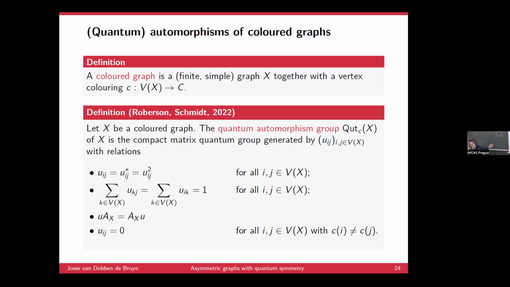This, I guess, is a special case of coloring, but I think you would get the quantum automorphism group of X now as a quotient on the algebra level. I'm not sure if anything interesting comes out of this.